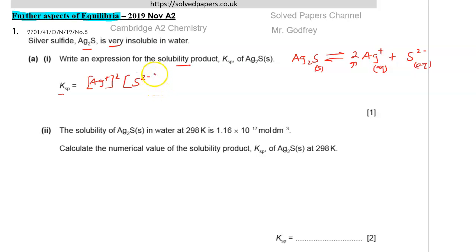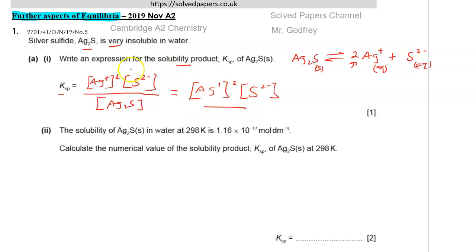Of course, you may go ahead and divide by the concentration of the reactant, which happens to be silver sulfide solid, but the concentration of a solid is constant, and therefore it's 1. Therefore we just take the concentration of the silver ions squared times the concentration of the sulfide ions. That is the solubility product expression for silver sulfide in water.